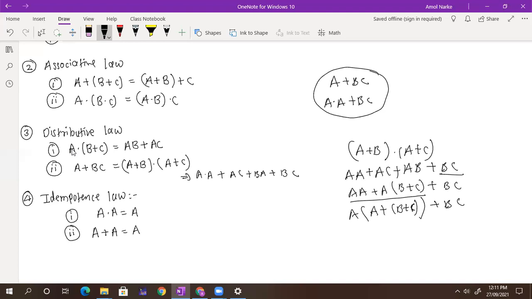Then how does this equation become the distributive law? I want A plus BC, and A plus BC I am getting here. Exactly.